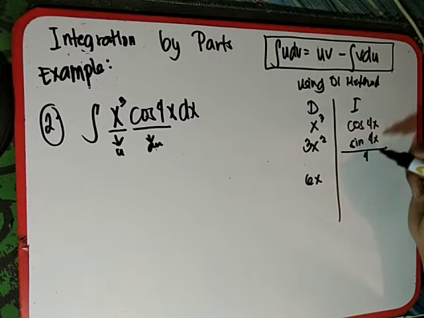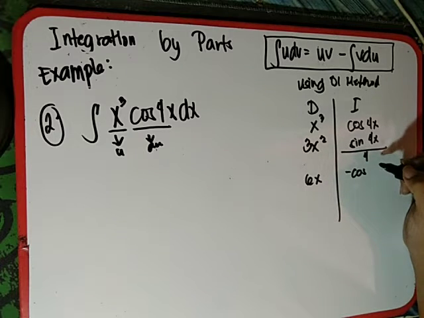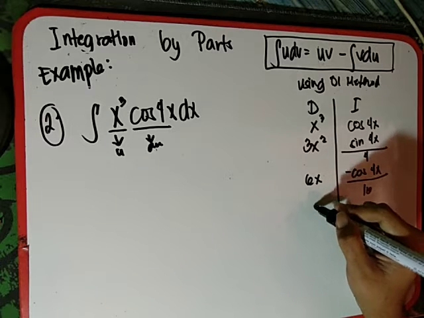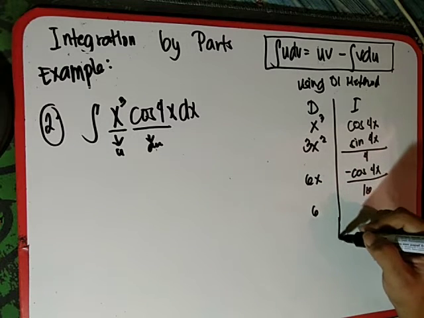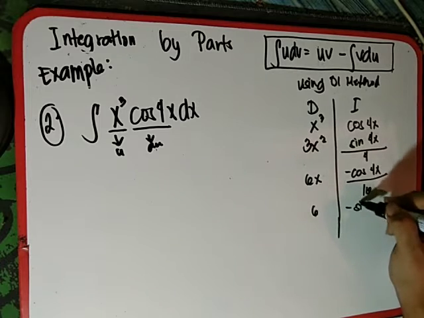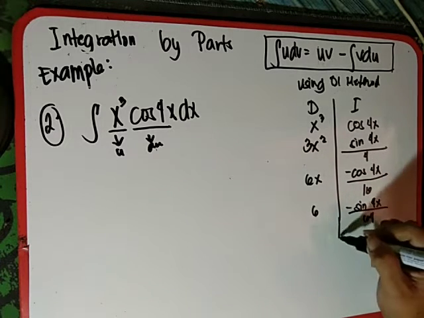6x. So we have the derivative of sine is negative cosine 4x over 16. We have 6. Derivative of negative cosine is negative sine 4x over 64.